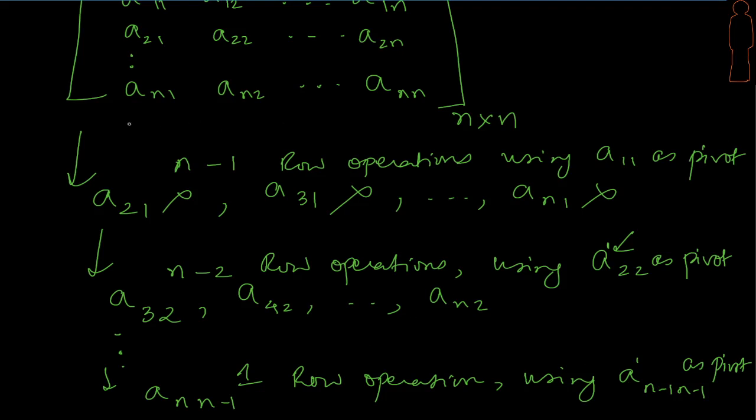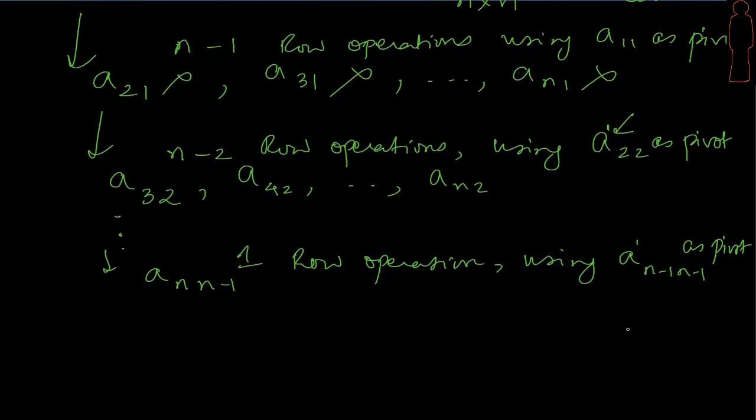The strategy is that elimination moves forward, and ultimately this is not enough. We have to perform this on the right hand side column vector as well. All these operations need to be performed on the right hand side column vector as well, and we can understand how many row operations are going to take place and what are the elements that they're going to look at as the pivot, right?